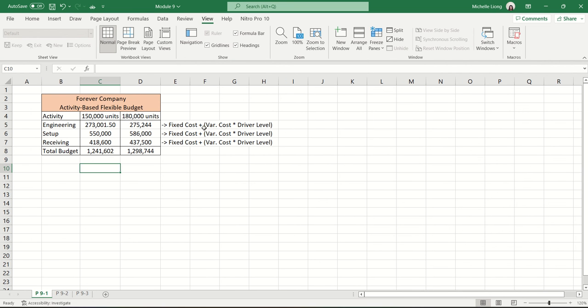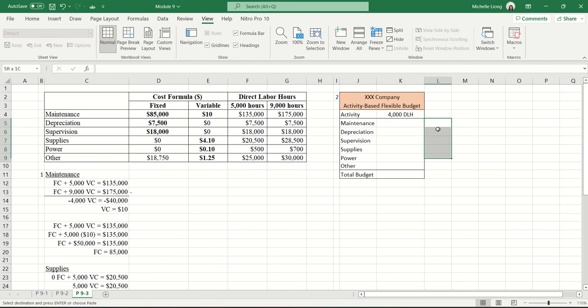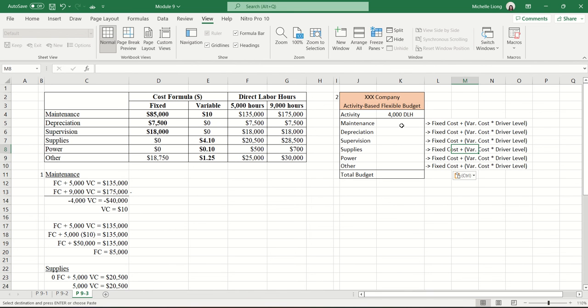Just copy paste from this. Fixed cost plus variable cost times driver level, which is 4,000. Okay, and we get 125,000.